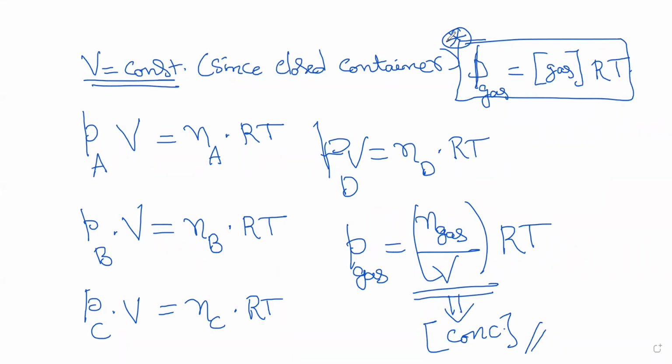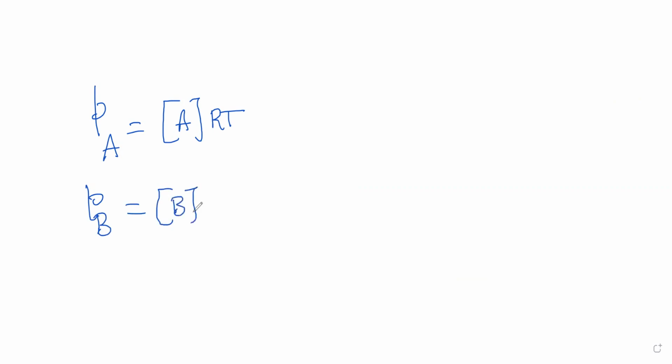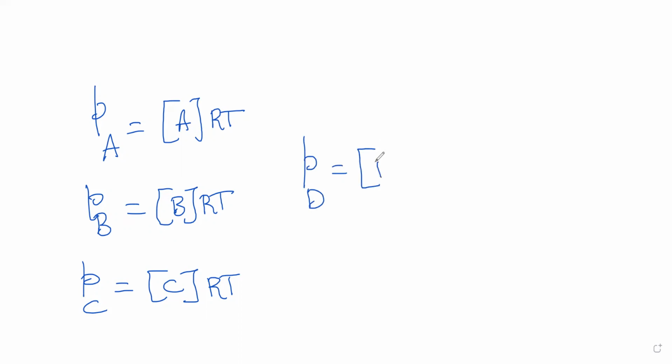Yes, sir. Okay. Now I can write like this. PA is equal to concentration of A into RT. Similarly, PB is equal to concentration of B into RT. PC is equal to concentration of C into RT. So what are PA, PB, PC? These are partial pressures. And PD is equal to concentration of gas D into RT.